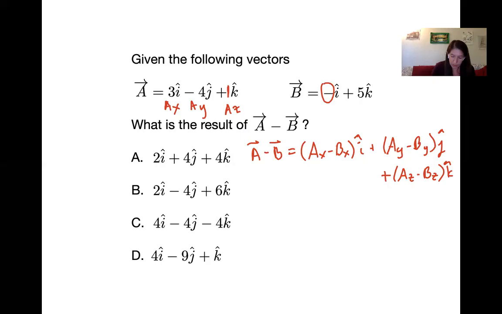Minus 1, this is really a minus 1, is b_x, b_y is 0, and then b_z is 5. And now we just plug all of these numbers in.